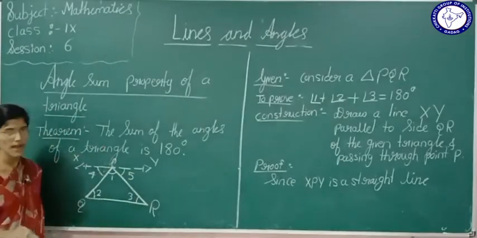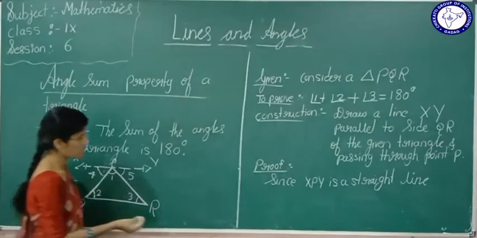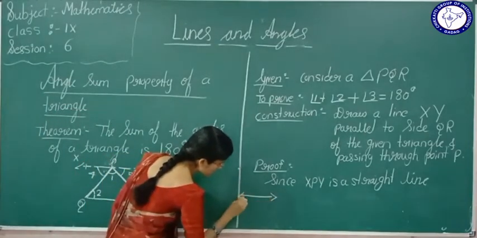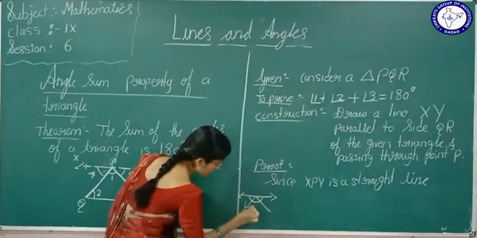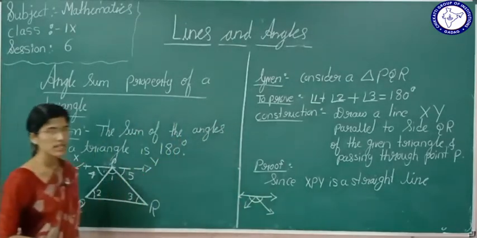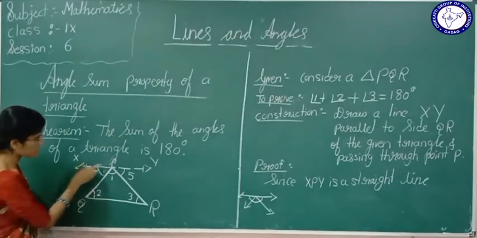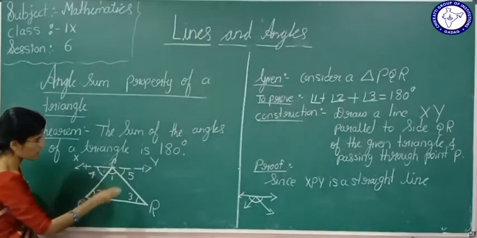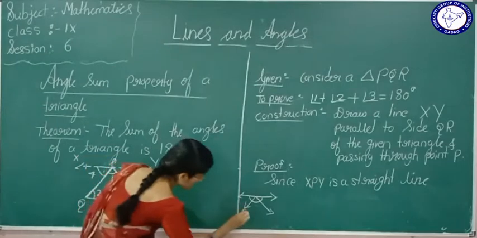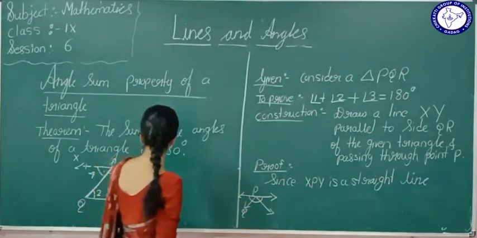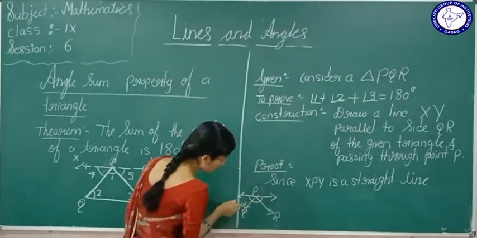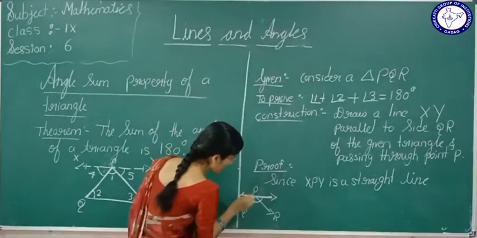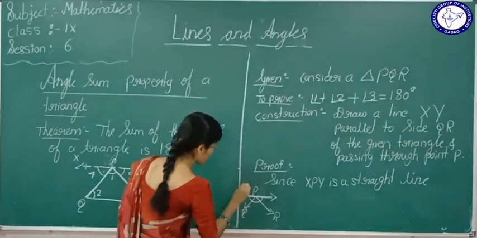I will name here as 4 and here 5. We know that if on a straight line rays stand, the sum of the whole angle is going to be 180 degree. Since here XPY is a straight line, and rays QP and RP are standing on this line, that is XY.